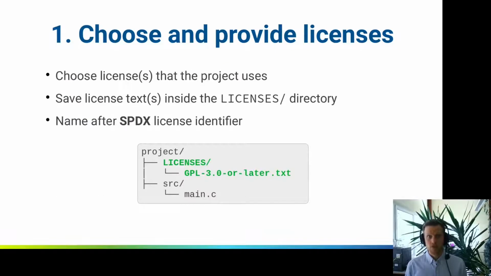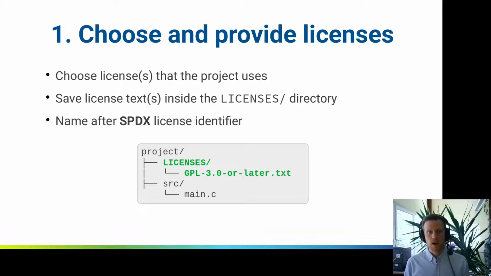So, first step, choose and provide licenses. So we ask code developers, creators, to think hard about the license that they want to choose, because basically that's their conditions for reuse by others. And we ask them to save the license texts inside of a directory that's called licenses. So we don't have this license or copying file, but we have a dedicated place where to store license texts.